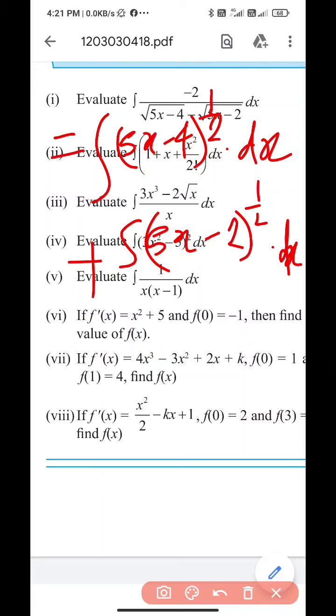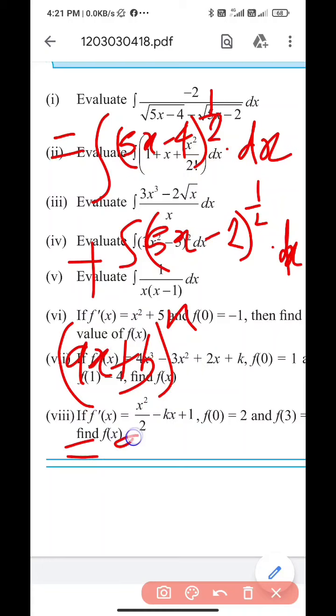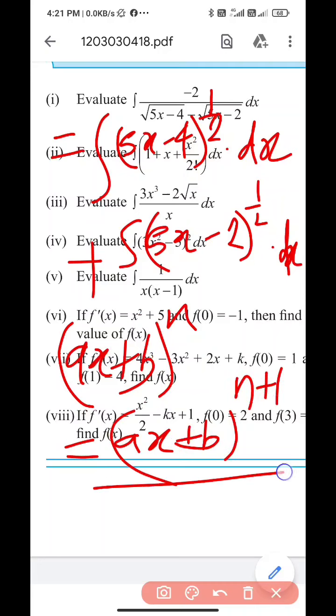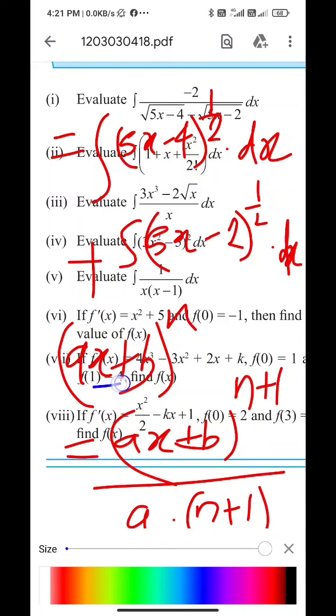So we know the formula that ax plus b raised to n, integrated, is equal to ax plus b raised to n plus 1 divided by n plus 1, and this is divided by the coefficient of x. So whatever the coefficient of x is, it is applied over here. That is the formula.